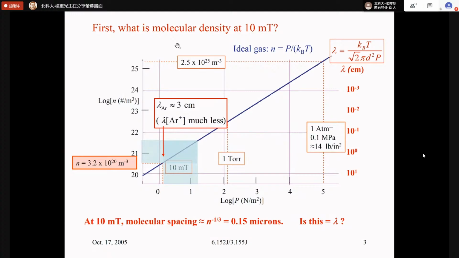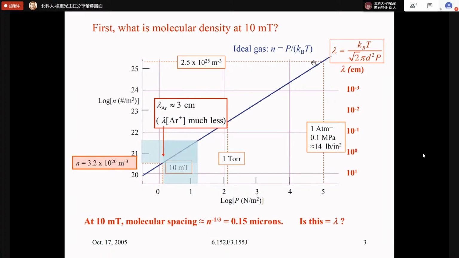So this is quite good information. Let's see what the molecular density is at 10 millitorr. This is 10 millitorr, this is 1 torr, and this is 1 atm.